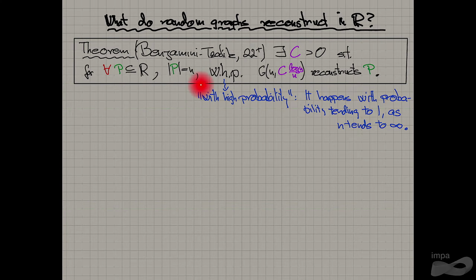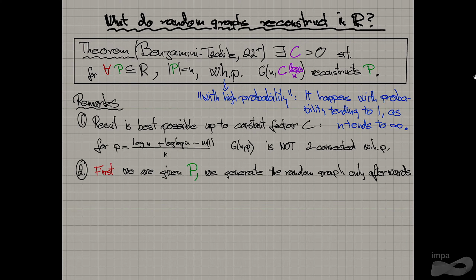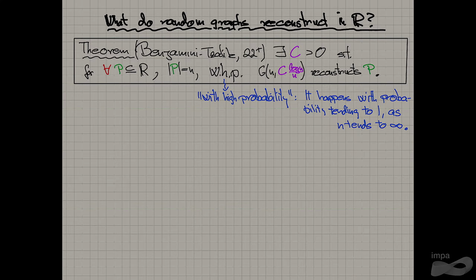So with high probability, the random graph G(n, C log n / n) reconstructs P. You have already seen this notation many times. This just means that you have n vertices and you flip a coin, and with probability C log n over n, you draw an edge, and otherwise you don't draw an edge.